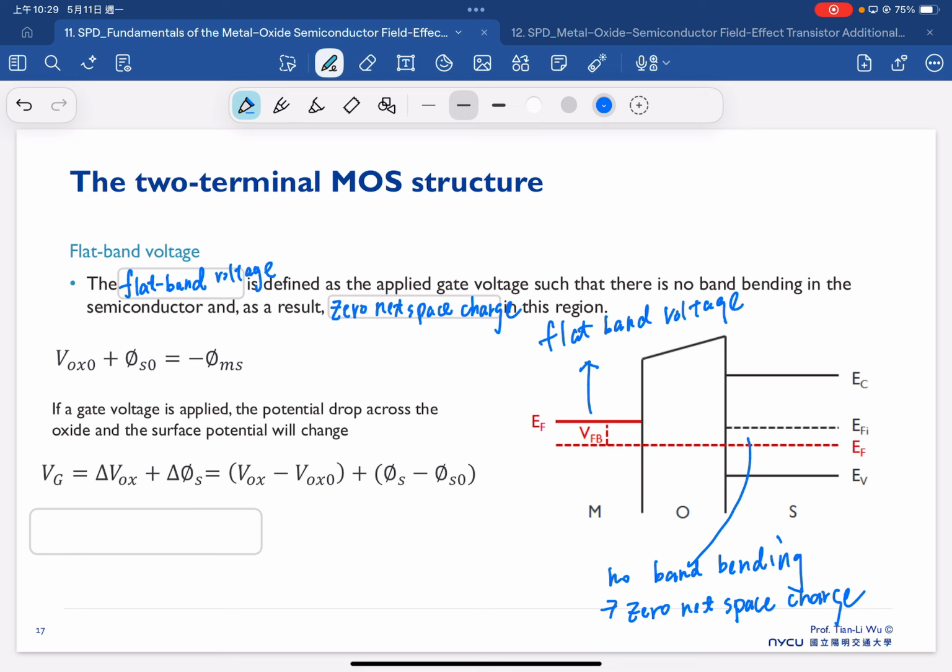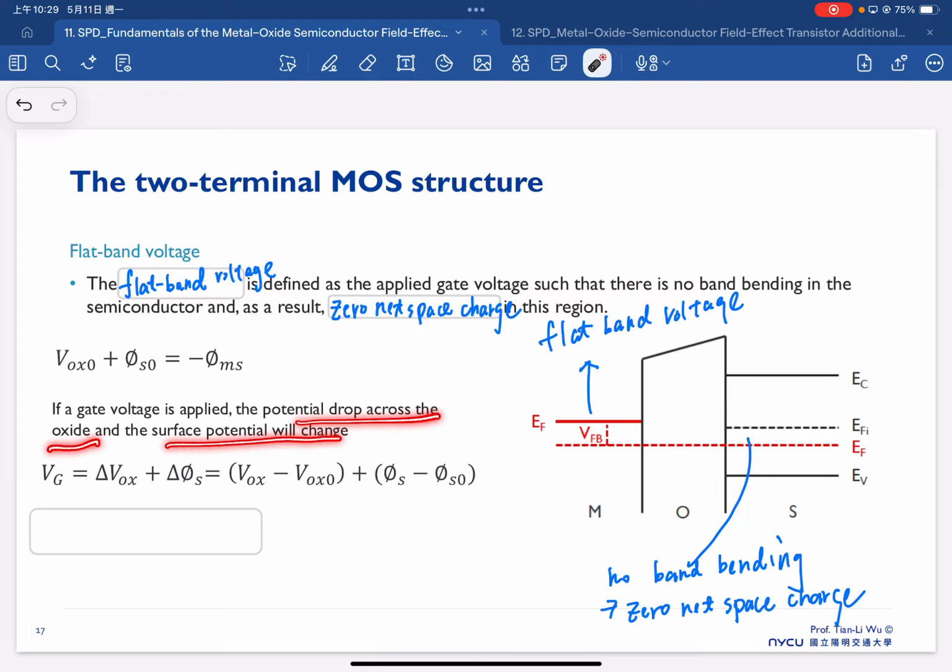In the previous section, we have already derived this equation. If a gate voltage is applied, the potential drop across the oxide and the surface potential will change.